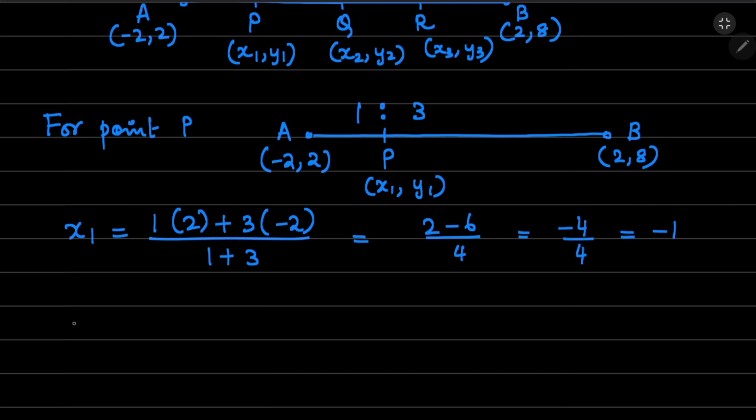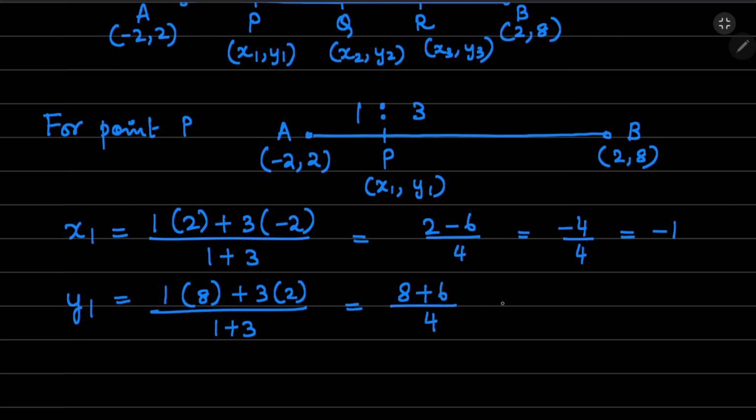This is your x1. What is your y1 similarly? So 1 into 8 plus 3 into 2. Look at only the y coordinates divided by 1 plus 3. So this is equal to (8 plus 6) by 4. What is 8 plus 6? 14 by 4.